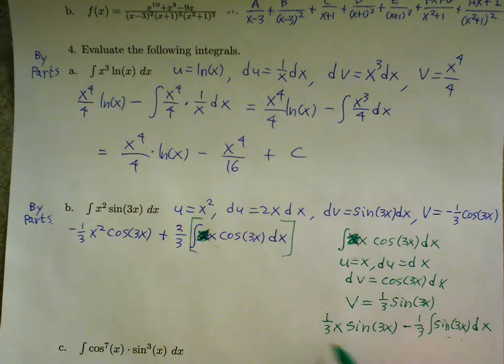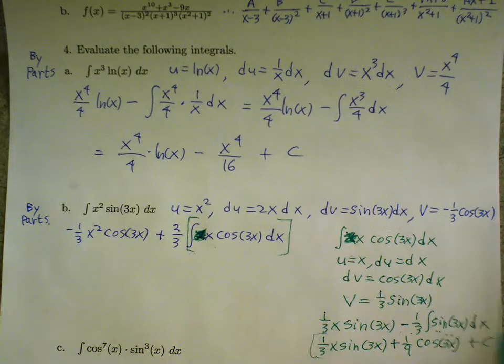So this is 1/3 x times sine of 3x. The integral of sine of 3x, or an antiderivative of sine of 3x, is negative 1/3 cosine of 3x. So this is minus 1/3 times negative 1/3. So this will be plus 1/9 times cosine of 3x, and plus a constant.